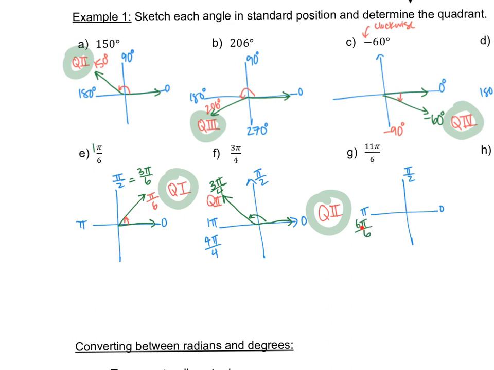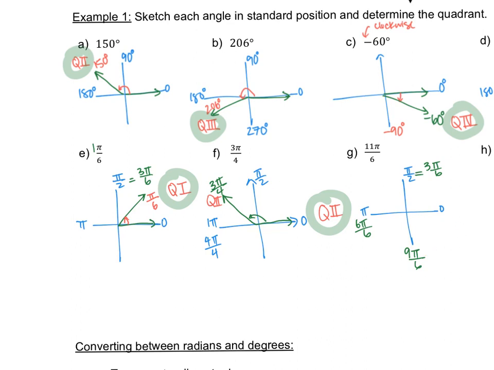All right, 6 over 6 is just 1. So I have 11 of those 6's. So if I go to the next one here and add another half pi, that would end up being 9 pi over 6, because a half a pi is 3 pi over 6. So if I add 3 pi to 6 pi, I get 9 pi. And that's too little as well.